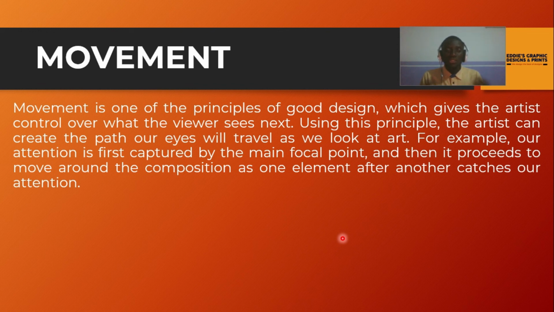Okay, now using this principle, the artist can create the paths. Our eyes will travel as we look at the artwork. For example, our attention is first captured by the main focal point, and then it proceeds to move around the composition as one element after another catches our attention.